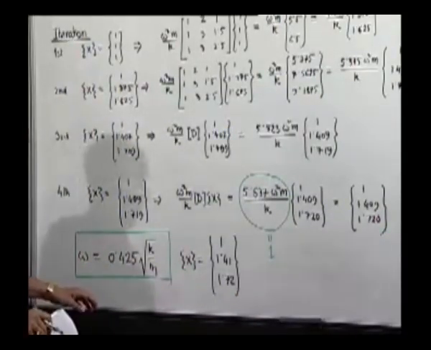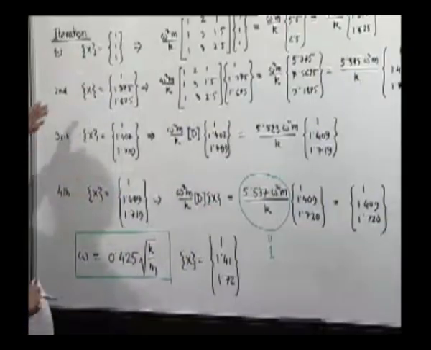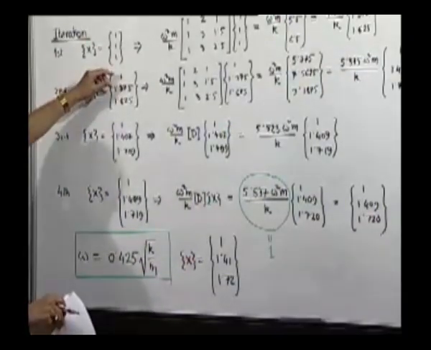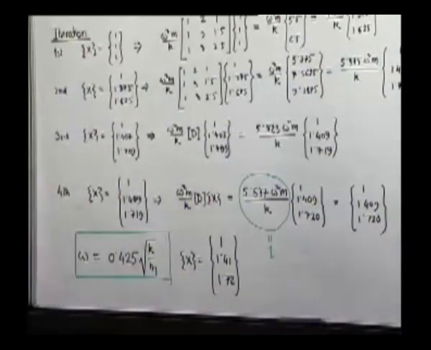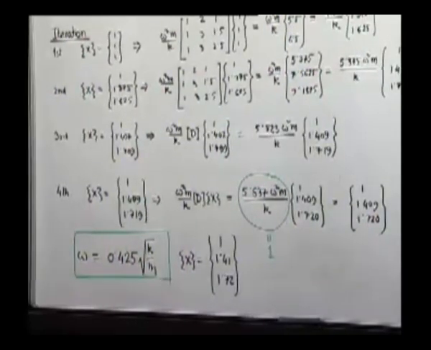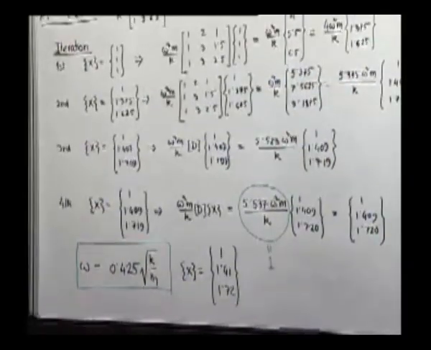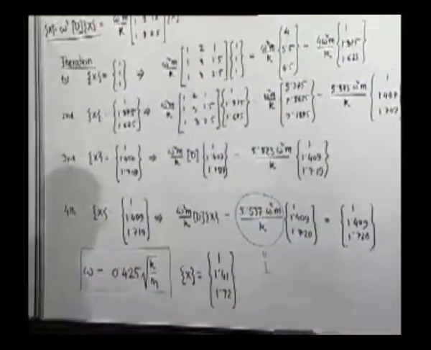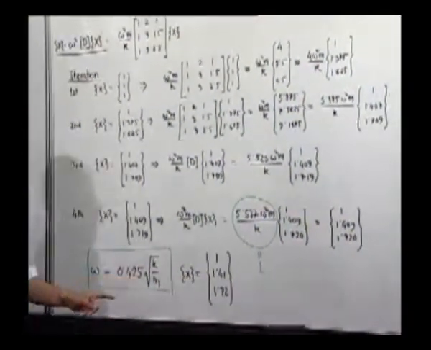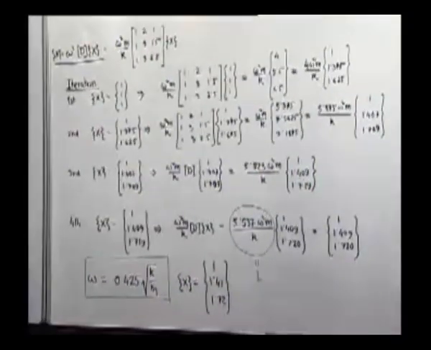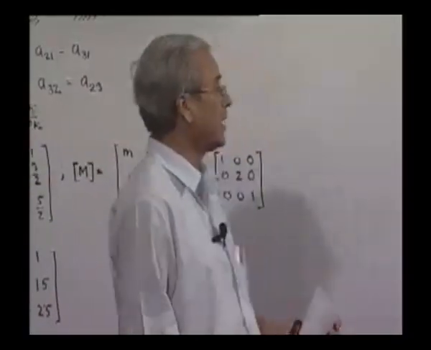Now, whatever may be the starting point, 1 1 1, we can take 1 0 1, we can take 3 2 1, we can take 7.5, minus 3, whatever may be the starting point, you will find that we will always converge to this mode and this frequency. It may look like a miracle, but I will show you the reason why it is happening.